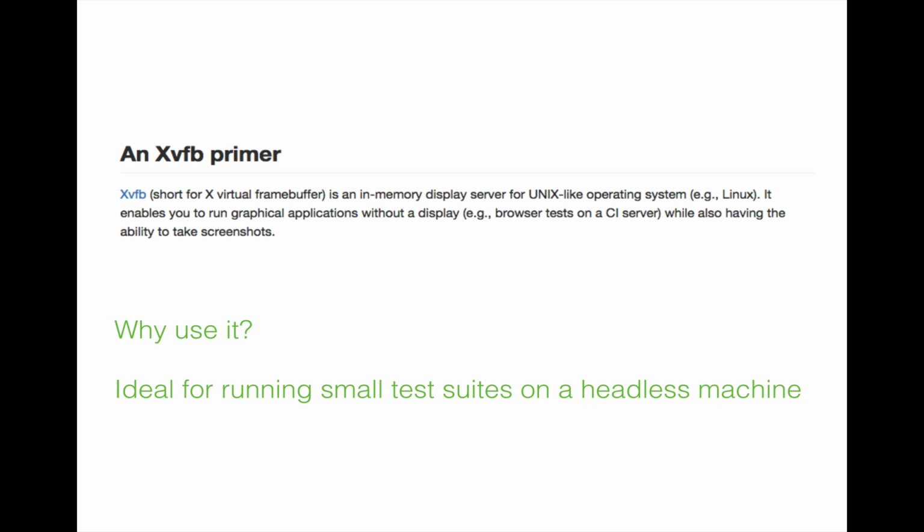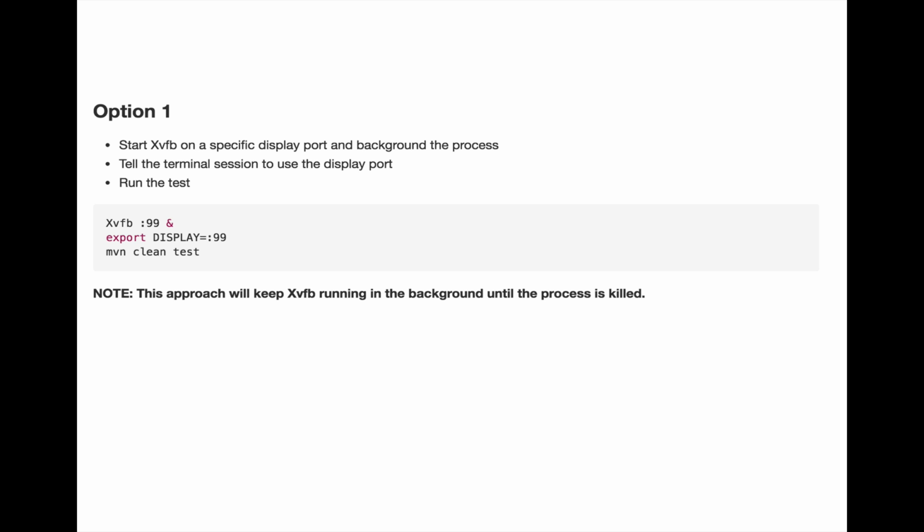And if you're running a small suite of tests, like on a CI server, then you're all set. That's pretty much it. It's a good way to get started quickly without actually stepping into the high stakes of potentially running your own grid or reaching for a third-party provider. So a couple options for running it. You obviously have to install the binary for XVFB.